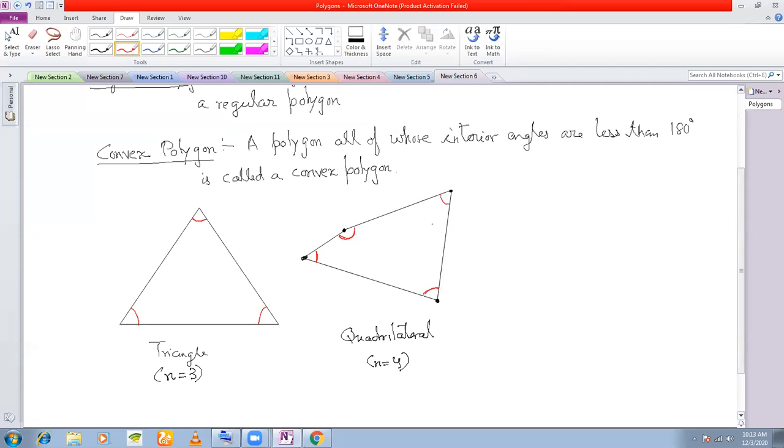All these are convex because each of the red angles that you see is less than 180 degrees. What about a pentagon? This is a pentagon, 5 sides.